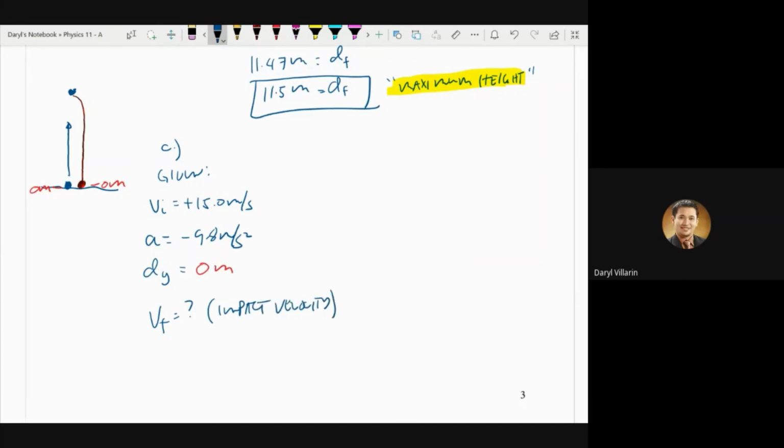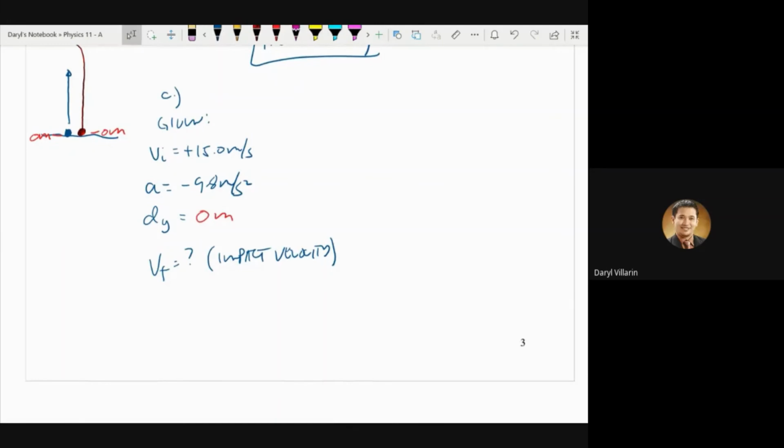When you say just before it strikes the ground, again, it's just the brink of hitting the ground, because you might be thinking that if it hits the ground, it should stop. But then again, it's the time upon which it's just barely hitting the ground. So we also call that one impact velocity. Therefore, it's still moving. That's my point.